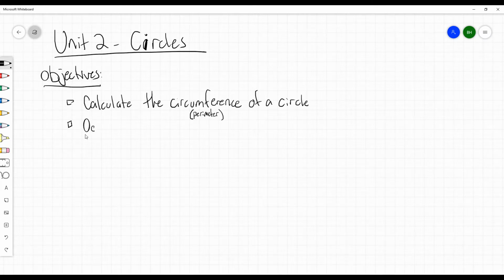Okay. The second objective is going to be calculating the area of a circle. The third piece of this is going to be having to deal with the circle in terms of coordinate geometry.